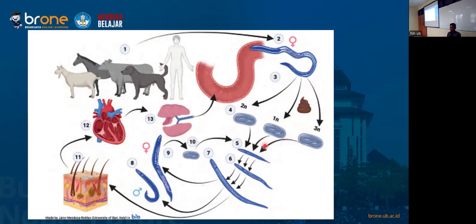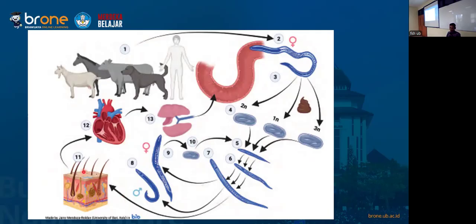major in the small intestine. They lay their eggs here as well, and then after that, this egg hatches in the environment. Okay, and then they have two ways to infect their definitive host.